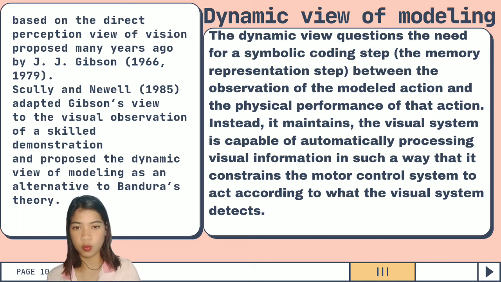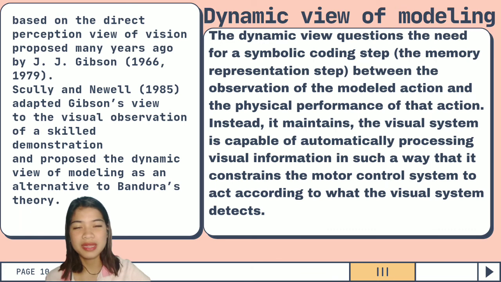So the dynamic view questions the need for the symbolic coding step, the memory representation step, between the observation of the modeled action and the physical performance of that action.